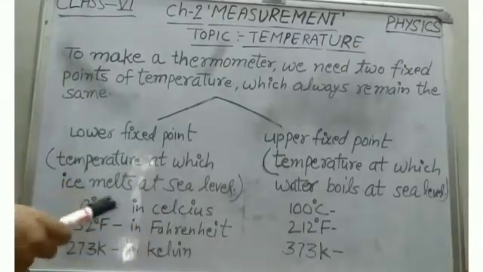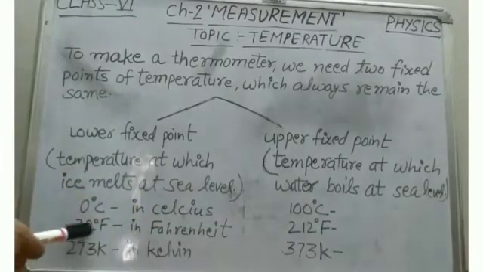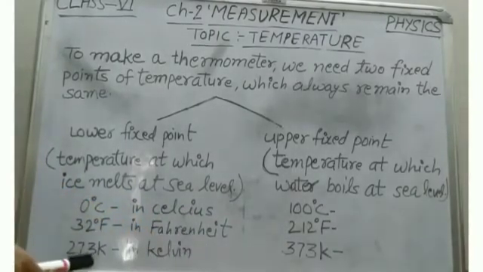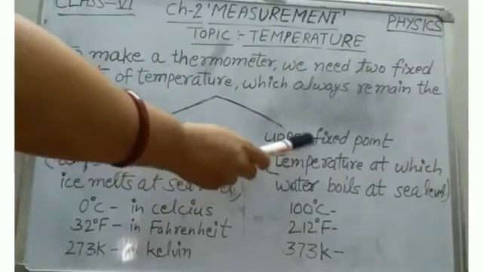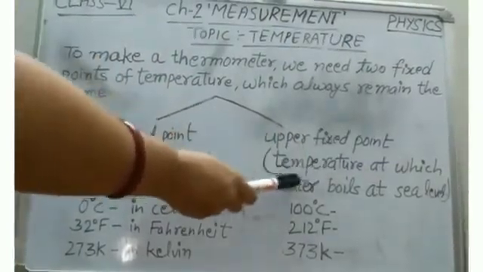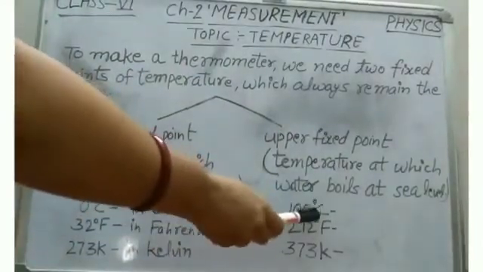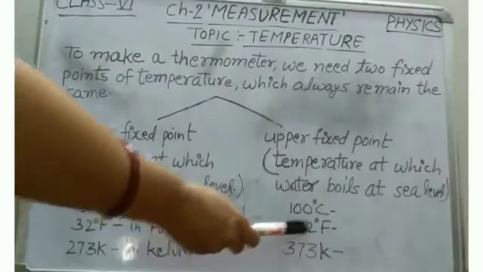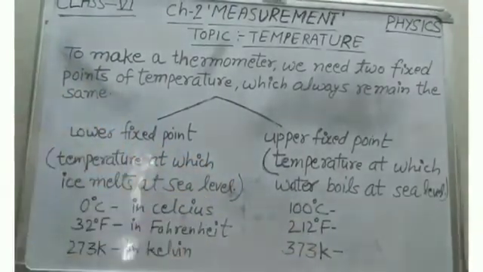It will be 0 degree Celsius in Celsius scale, 32 degree Fahrenheit in Fahrenheit scale and 273 Kelvin in Kelvin scale. The upper fixed point is the temperature at which water boils at sea level. It will be 100 degree Celsius in Celsius scale, 212 degree Fahrenheit in Fahrenheit scale and 373 Kelvin in Kelvin scale.